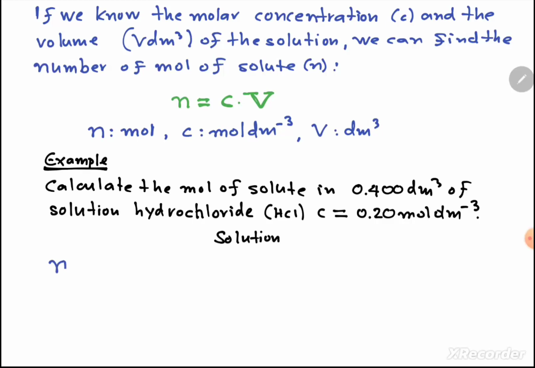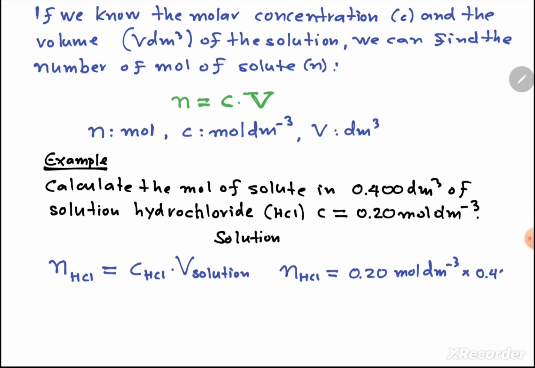The number of mole of hydrochloric acid is equal to the concentration of the solution times the volume of solution, and the result is 0.08 mole. This is the number of mole of solute.